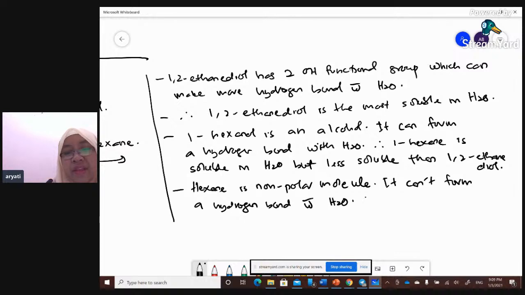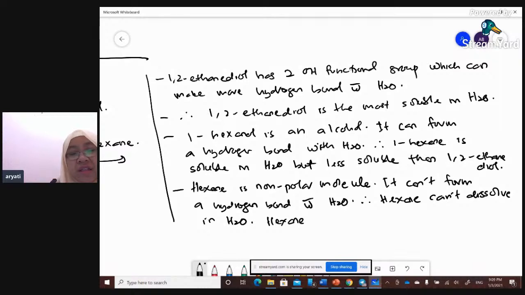So therefore hexane cannot dissolve in water, or the solubility of hexane in water is very low.